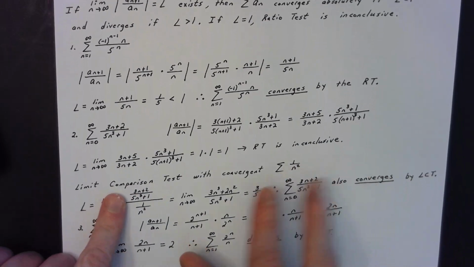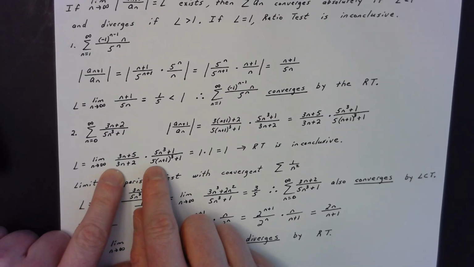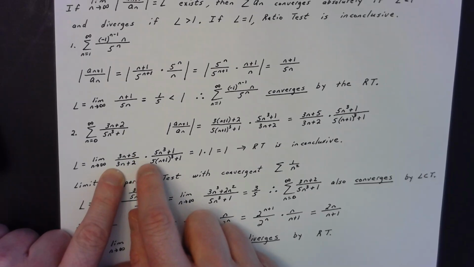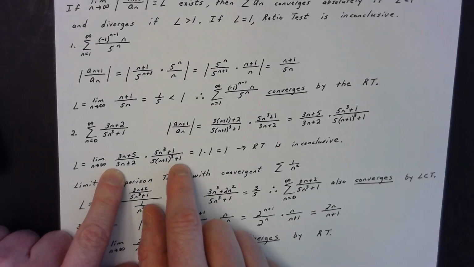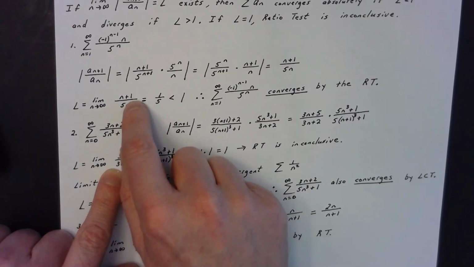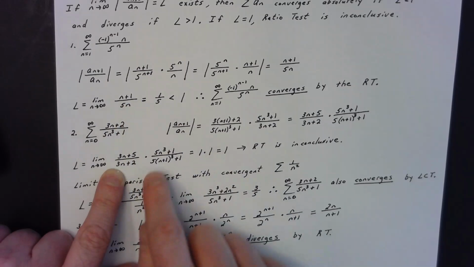So now, my limiting value here, it's the limit as n approaches infinity of 3n plus 5 over 3n plus 2 times 5n cubed plus 1 over 5 times the group n plus 1 cubed plus 1. The place I'm getting that 1 times 1 here is because all I'm wanting you to remember, just like in the last problem, anytime you have a fraction going to infinity and the degree of the numerator and denominator is the same, you take the fraction of the leading coefficients.